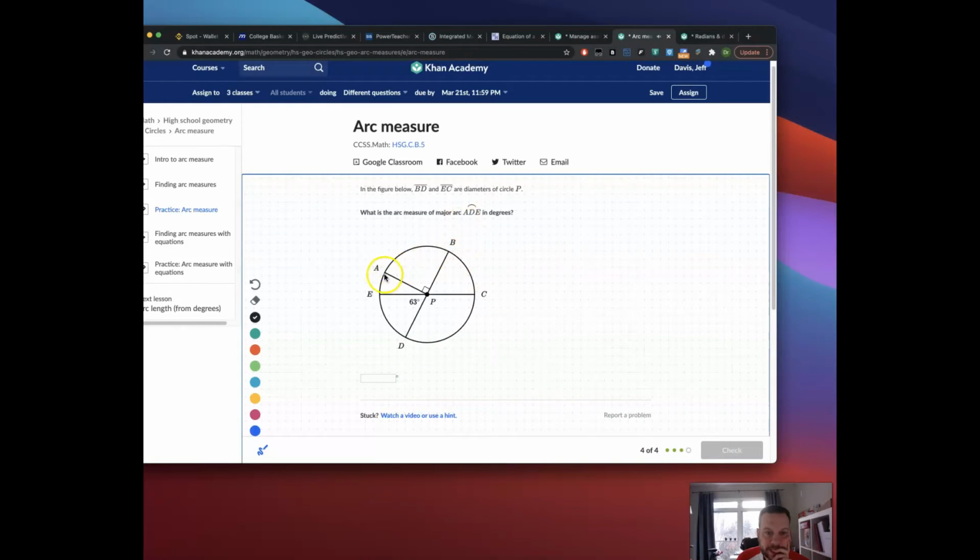Major arc ADE. So I'm going all the way around this way. So basically you're trying to find this amount here and subtract it from 360. So BD is the diameter, and that means this all has to add up to 180. And I've got 63 there, I've got 90 there, and I just got to find out what's missing. So it's really 180 minus 63 minus 90, which will give me 17.